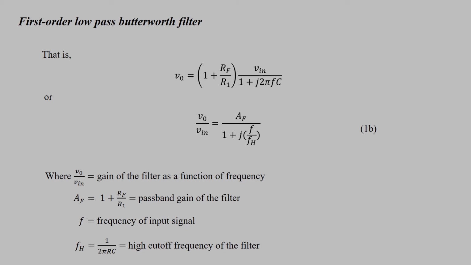From here we can calculate V0 by Vin equal to AF over 1 plus j times f by FH, where V0 by Vin is the gain of the filter as a function of frequency, AF is the feedback gain of the amplifier, or you can say the pass band gain of the filter, f is the frequency of the input signal, and FH is the high cutoff frequency of this low pass filter, and this is 1 over 2πRC.